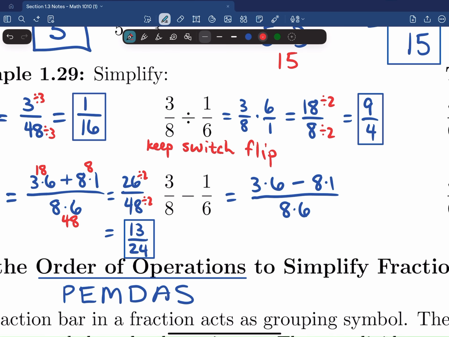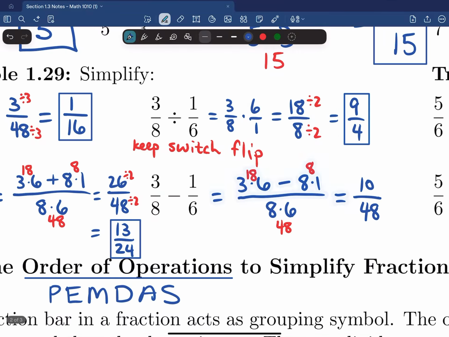Once again, we get the numbers 18 and 8 and 48. And 18 minus 8 is 10 over 48. We notice they share a common factor on top and bottom of 2, so I'm going to divide a 2 out of both of them. And I get 5 over 24.